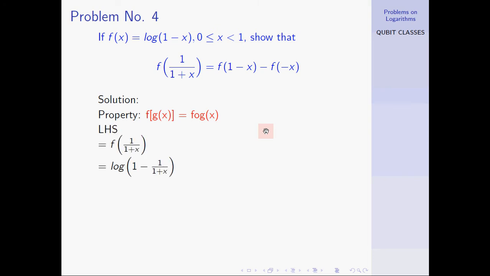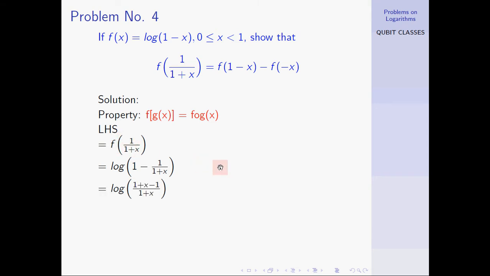So if f of x is log of 1 minus x, f of 1 upon 1 plus x will be log of 1 minus 1 upon 1 plus x. So wherever I have x in the expression of f of x, I will replace that x with 1 upon 1 plus x because I want to find f of 1 upon 1 plus x.